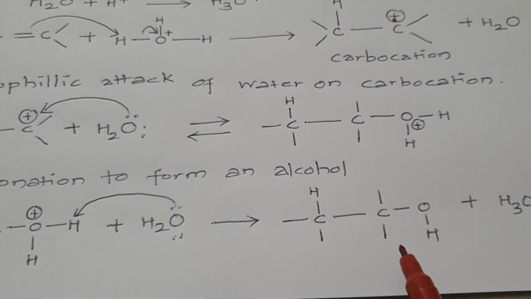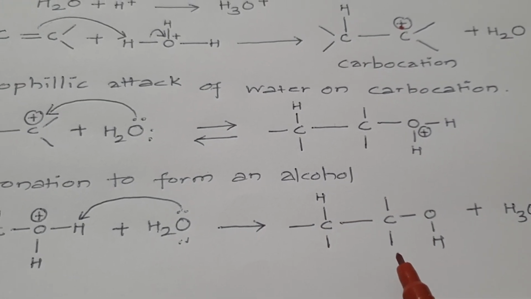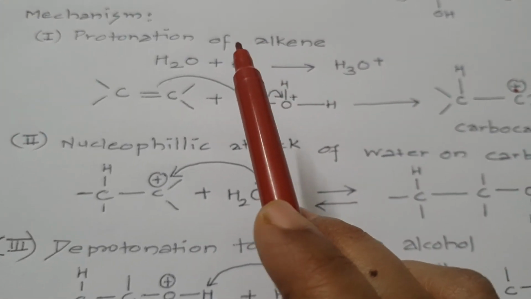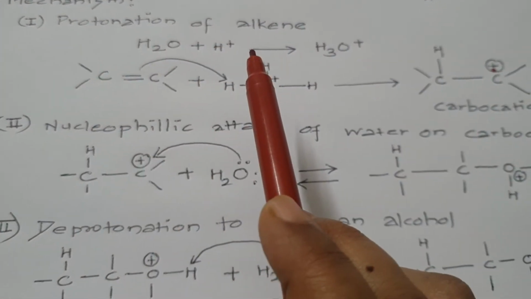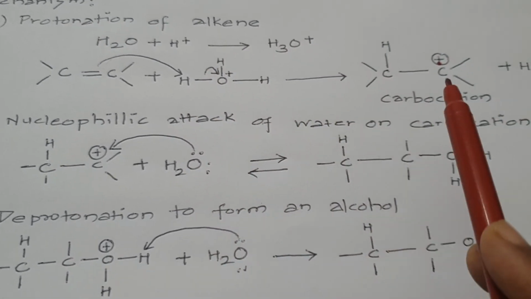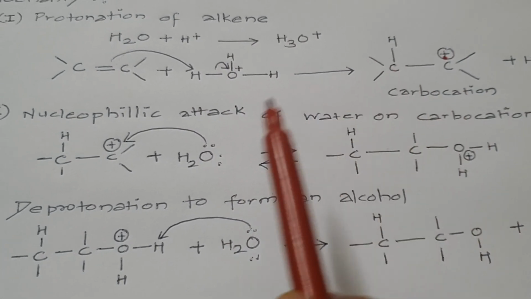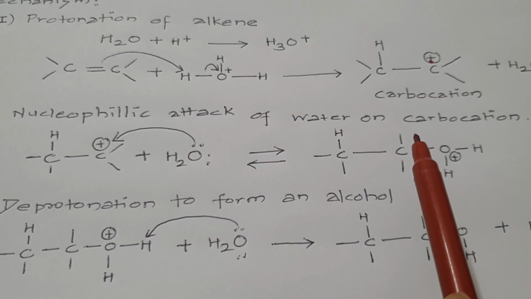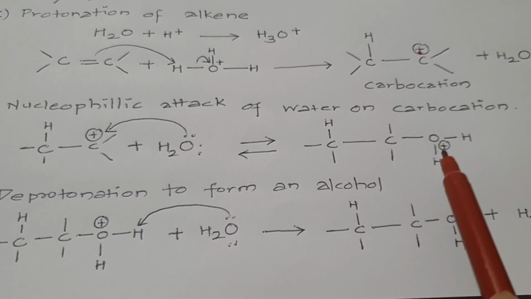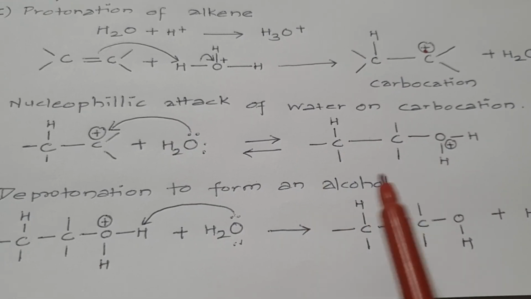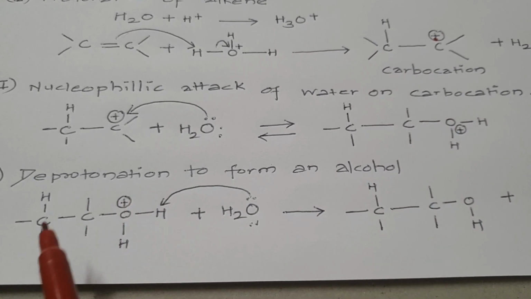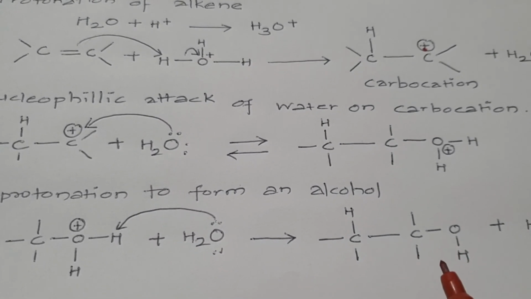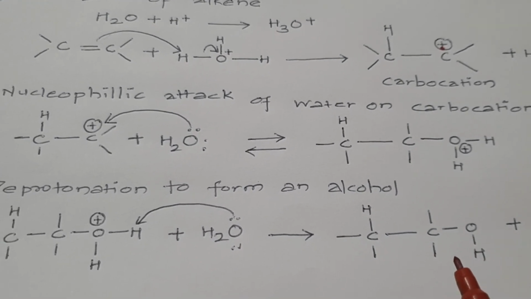So here what we find is that in 3 steps, that is protonation of alkene, which gives you a carbocation, nucleophilic attack of water on the carbocation, which gives you a protonated alcohol, and deprotonation of this protonated alcohol gives you alcohol as your product.